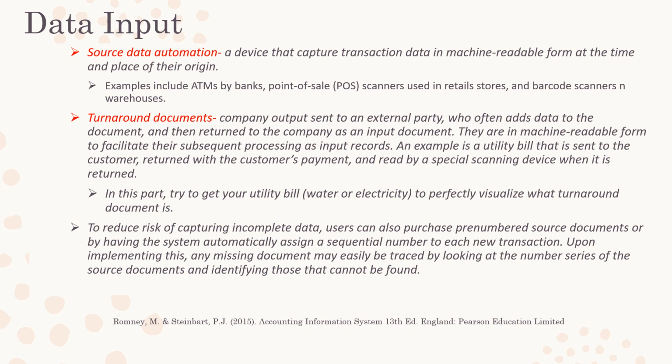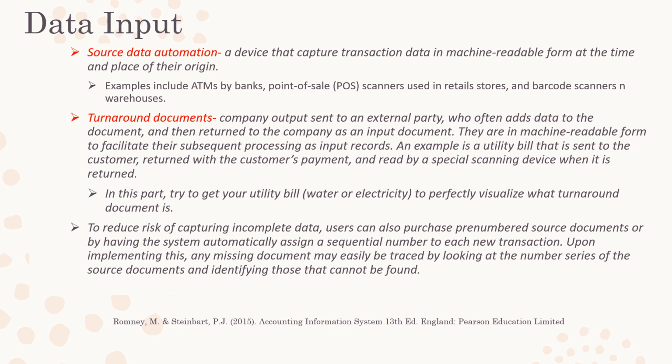So if you happen to see your utility bill, like the Meralco bill, you will see that there is a barcode there. So when we go to pay, the machine will read those barcodes, and then your records will be encoded in the system. Again, this is to reduce the risk of capturing incomplete data.